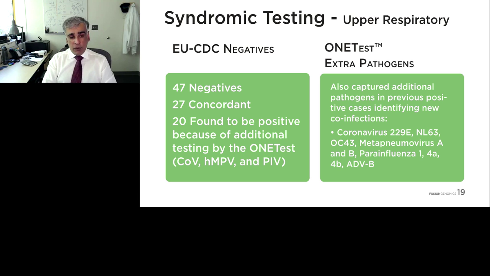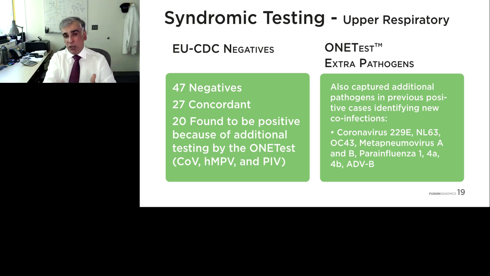Out of those, 27 cases on our end were also negative, or concordant. But interestingly, in 20 cases, we found positivity, which was clinically significant. And it happened because of two reasons. One, because it's a genomic assay, we have no restriction on how many pathogens we target.